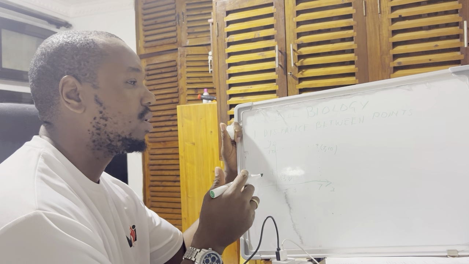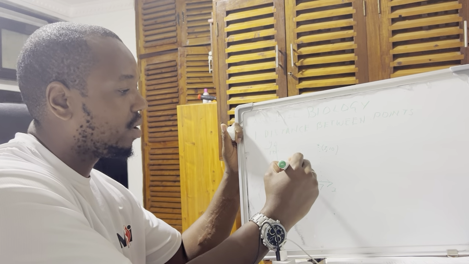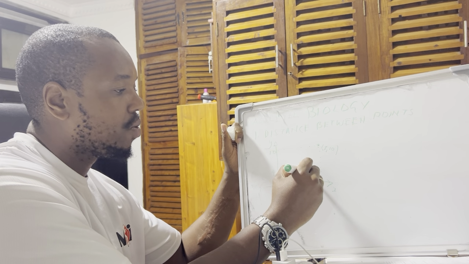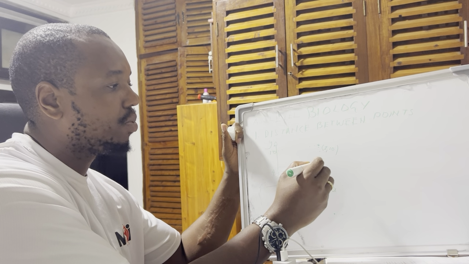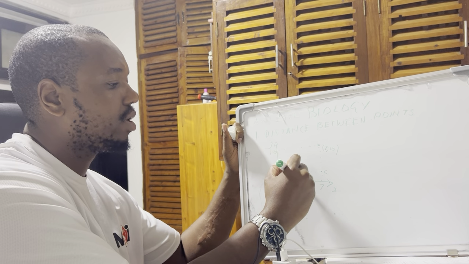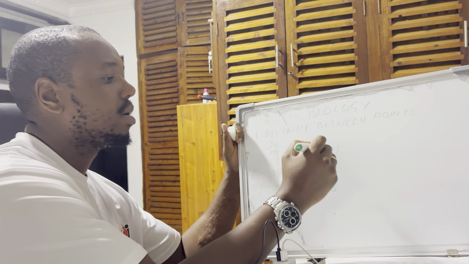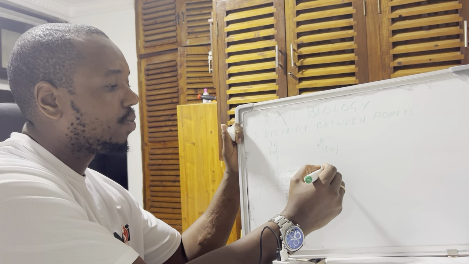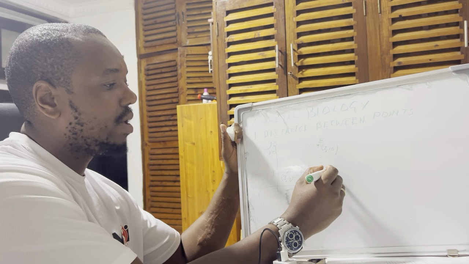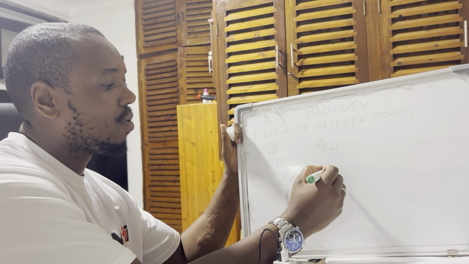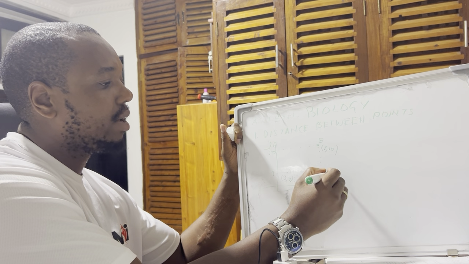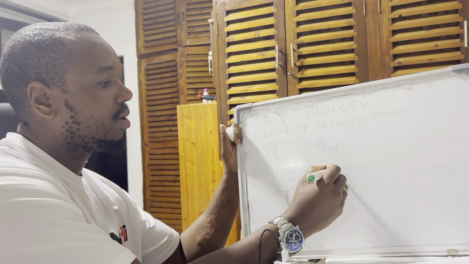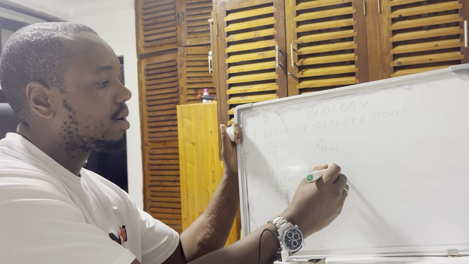So we want to calculate the distance between these 2 points. We're going to form a right angle triangle. Let this point be A and this point B, and this point is gonna be C, with coordinates 7 for x and 4 for y.